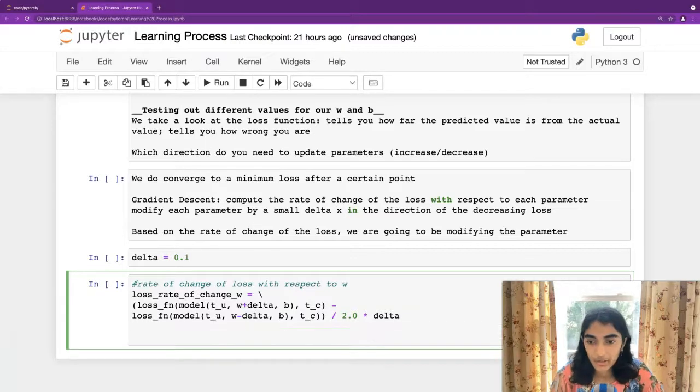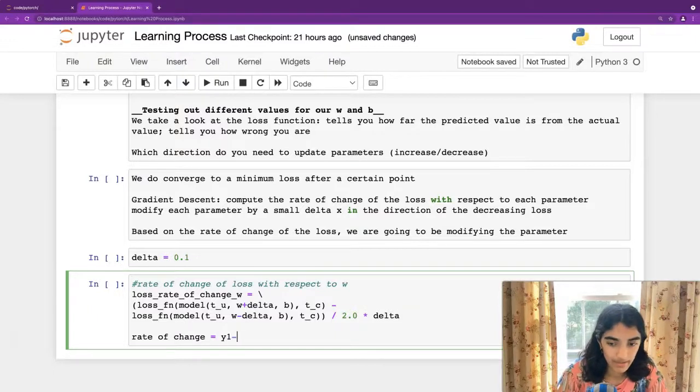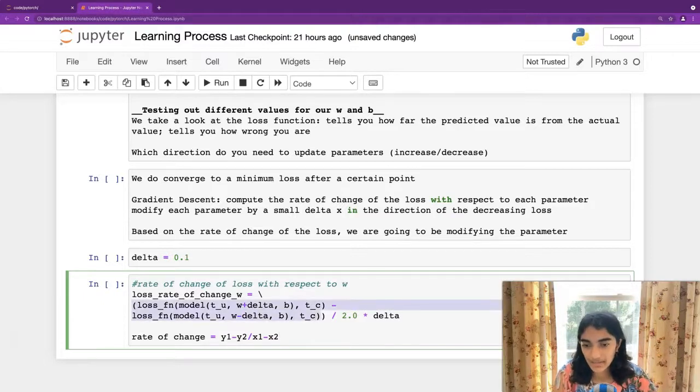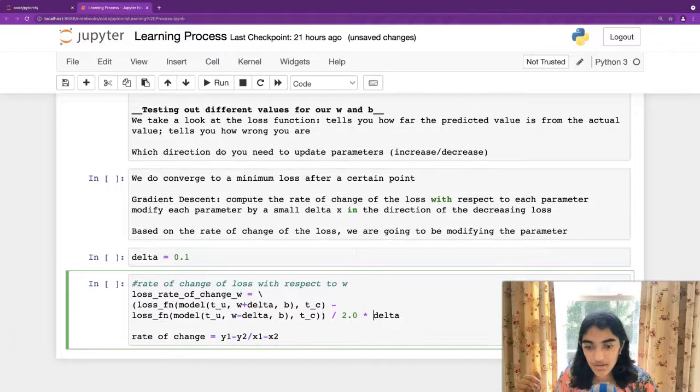So what we're doing here is, rate of change is just y1 minus y2 over x1 minus x2, right? So the loss minus the loss, because that's the y value of the loss function, and our x is going to be our delta. So those are the parameters our model takes in, like the predicted value and the actual value.